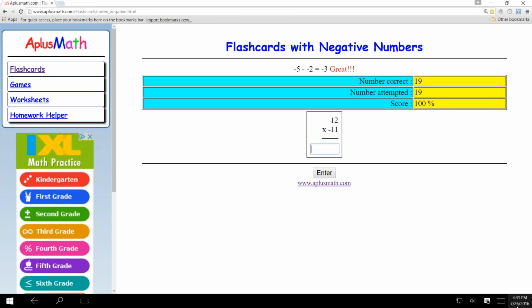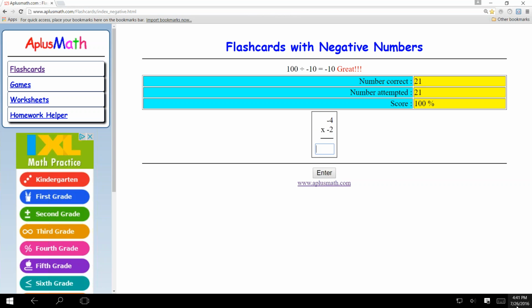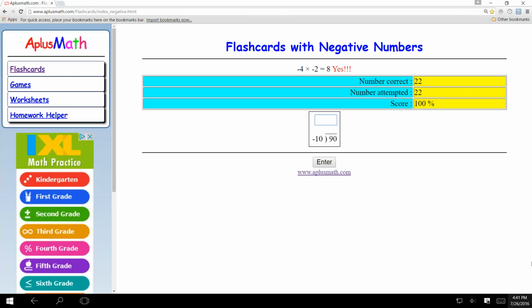Negative 132. Good. Negative 10. One more. Negative 8. No, positive 8. Good. All right.